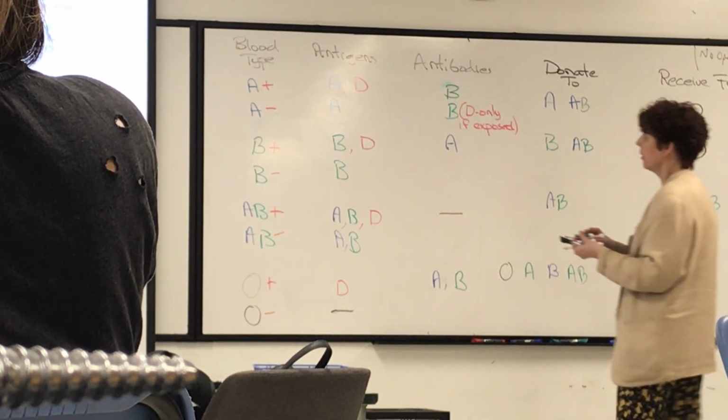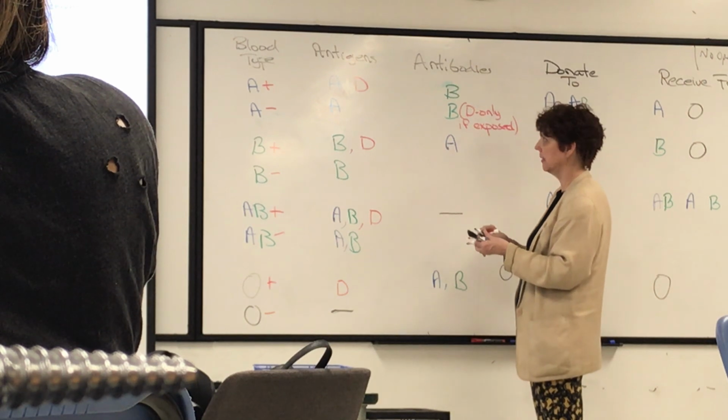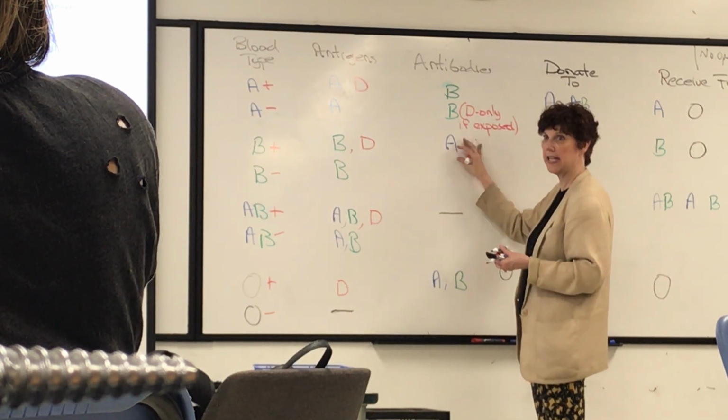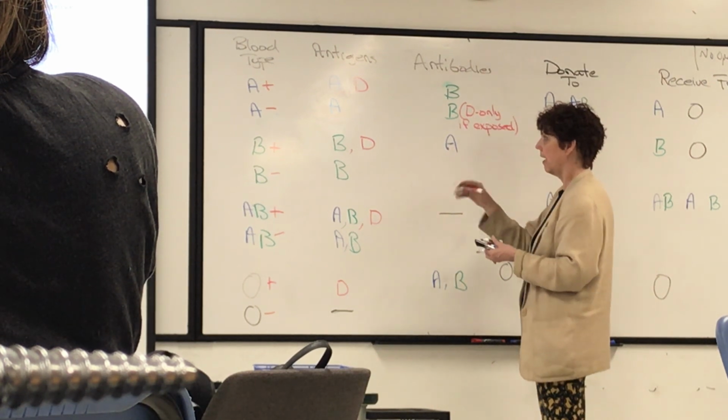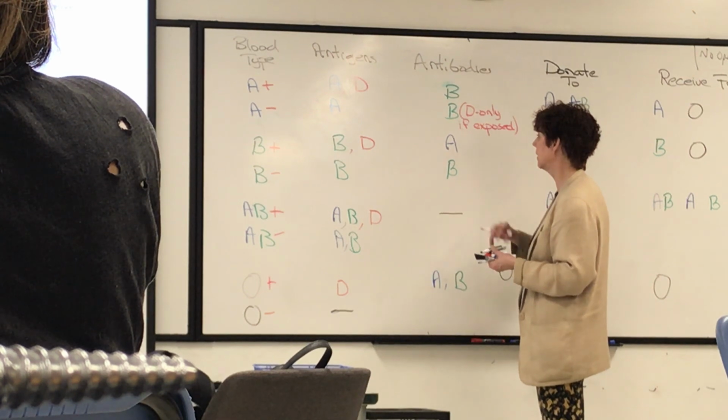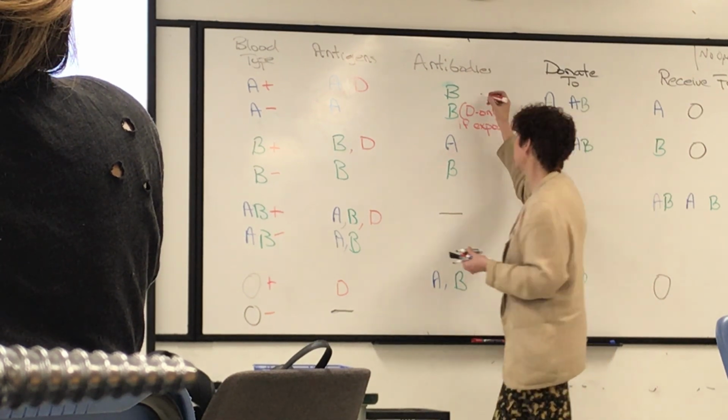All right? So if someone has blood type B positive, then they would have antibodies against A and they would not have any antibodies against B. If their blood type is B negative, they would have antibodies against A and anti-D only if exposed.